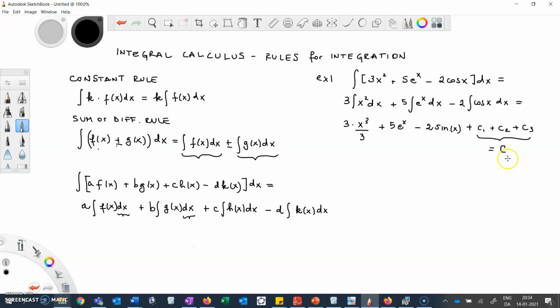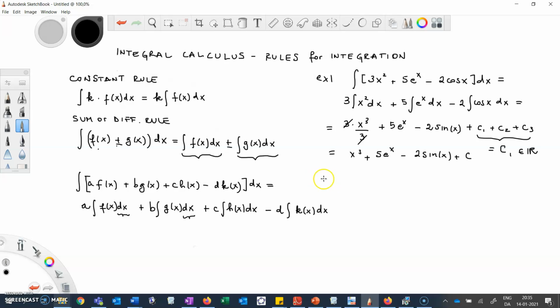For example, I call it capital C belonging to R, such that this capital C is going to replace these three constants. At the end, the sum of three constants is a constant. So I'm just going to simplify now what there is to simplify, and apparently it's only these three, and get my final result, which is just this one.